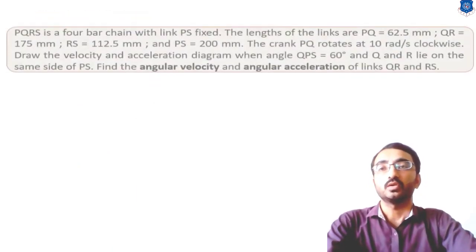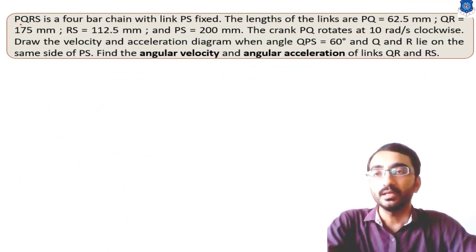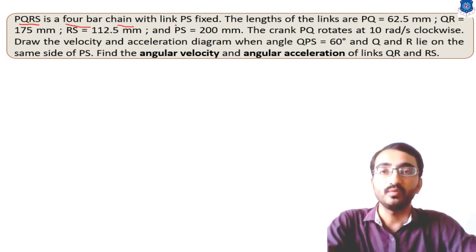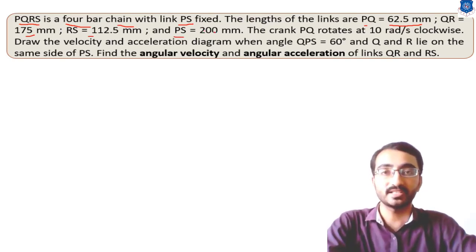In this system we are given that link PQRS is making a 4-bar chain with link PS fixed. The lengths of the various links are given, PQ is 62.5 mm, 175 mm, and so on.